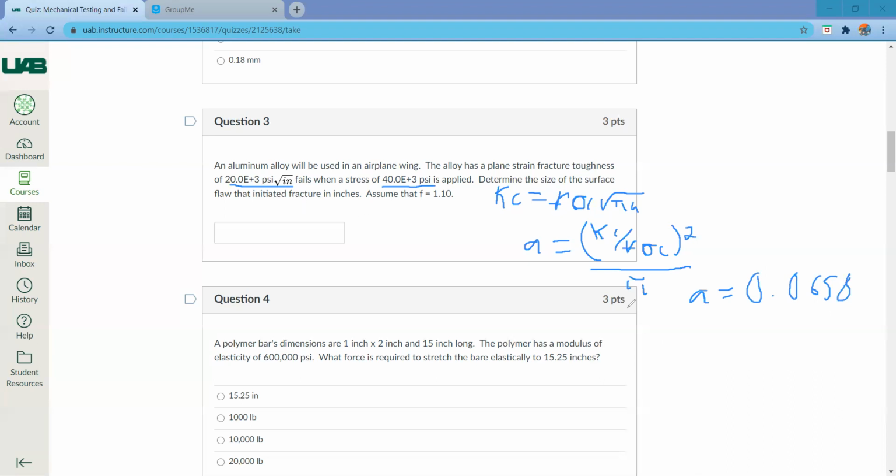It's asking for the flaw in inches. Going off of our significant digits, the last one only had one, so I'm assuming that this one will only have one. So we're going to go with a equal to 0.07.